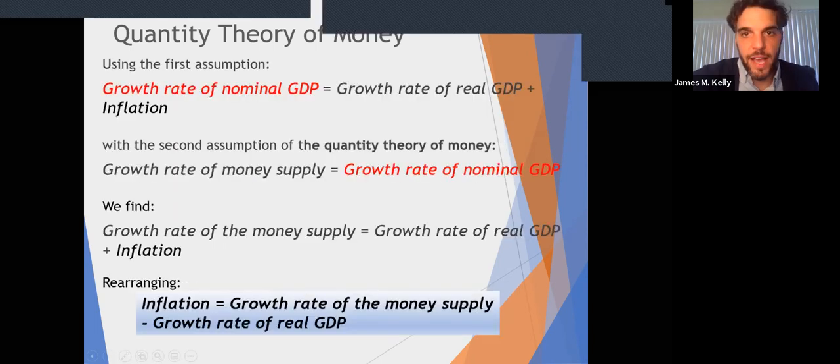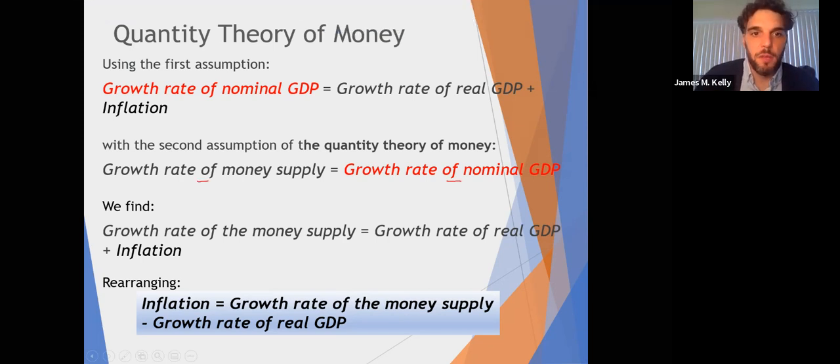Okay. So again, that first assumption says the growth rate of nominal GDP is going to be equal to the growth rate of real GDP plus the inflation rate. Okay? That's what we just covered. The second assumption establishes that this growth rate of nominal GDP is going to be exactly equal to the growth rate of the money supply.